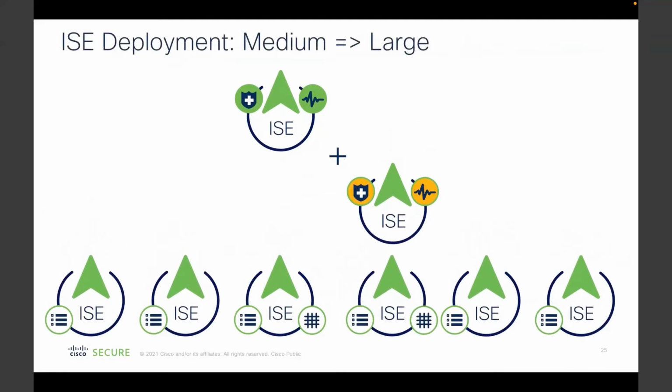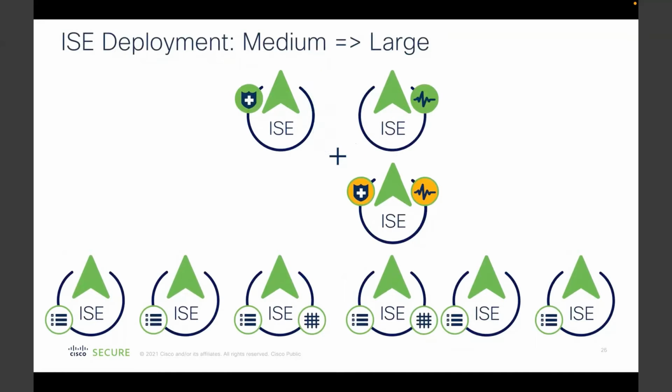In the process, we're going to split out the primary and the secondary nodes. We're going to split the services off of those so that the primary PAN becomes dedicated with a primary M&T. So we're going to split out that M&T node on the primary.